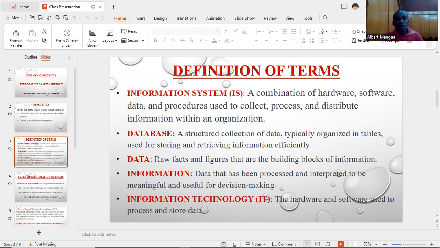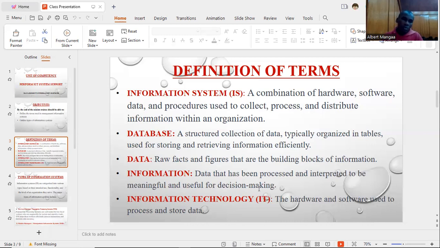Remember that data are just raw facts and figures, but information is data that has been processed and interpreted to be meaningful and useful for decision making. So this processed data will help us make better decisions.